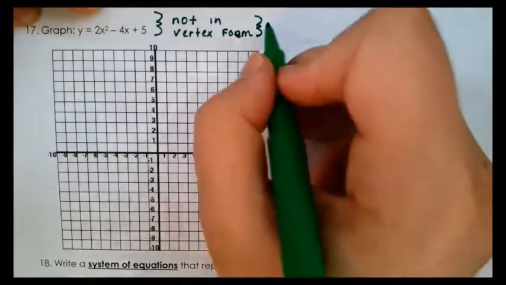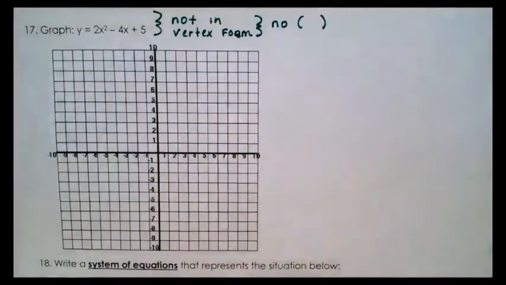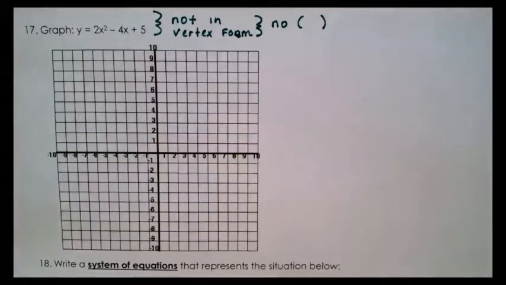The reason we know that is because there's no parentheses. Usually we want to see some parentheses in order to see vertex form, which makes it much easier to graph, but we don't have it in vertex form. So instead, we're kind of on our own.